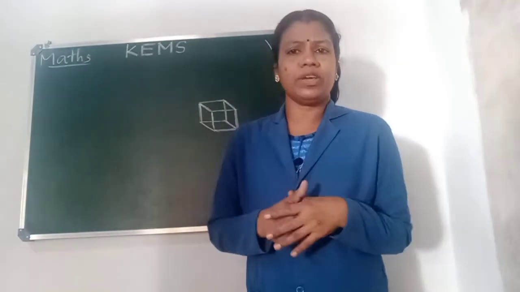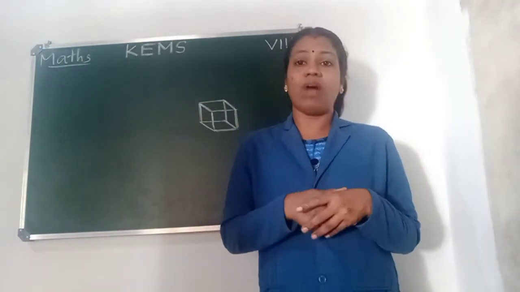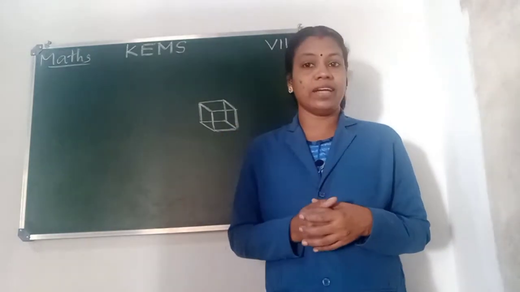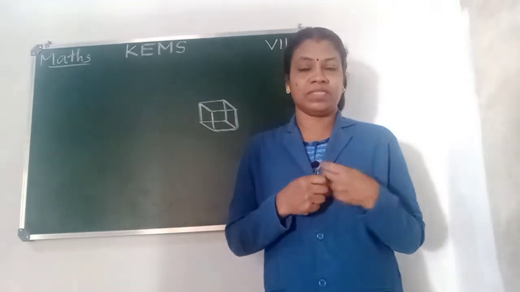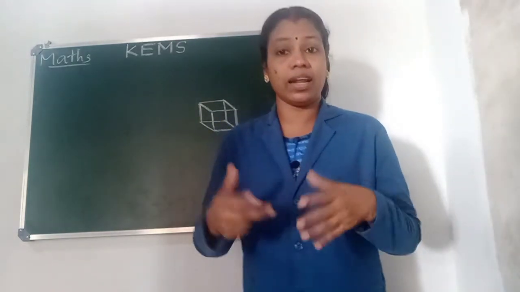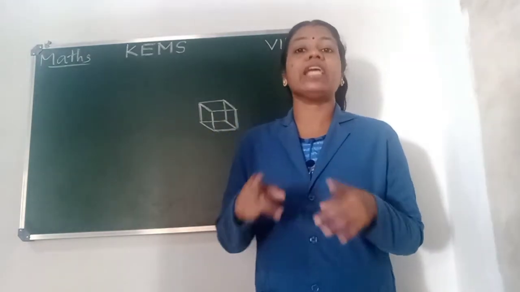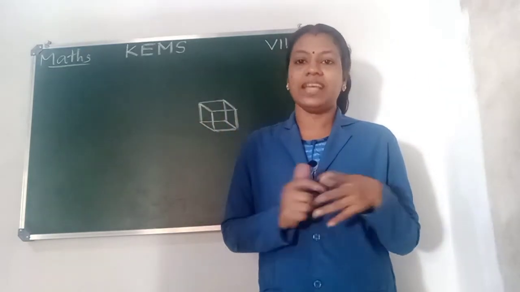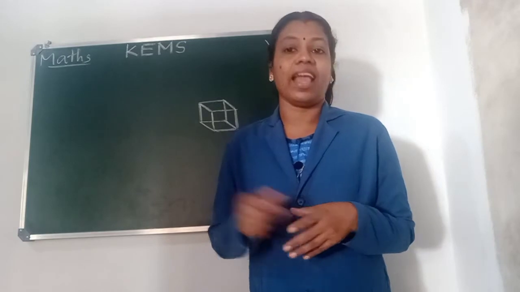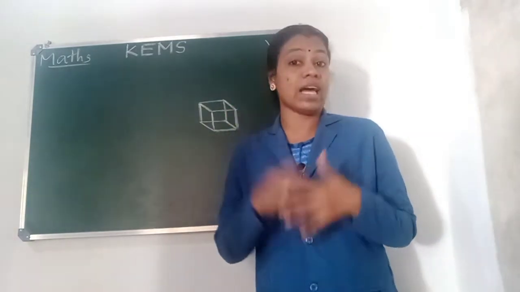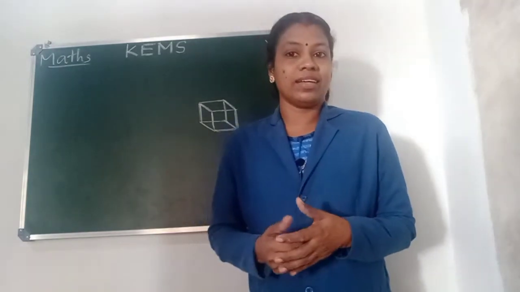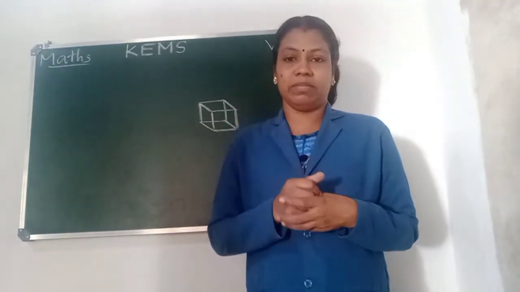So how many cubes of side 1 centimeter will make a cube of side 2 centimeter? That is, how many cubes are needed to make a cube of side 2 centimeter? Yes, we needed 8 cubes of side 1 centimeter to make a cube of side 2 centimeter.